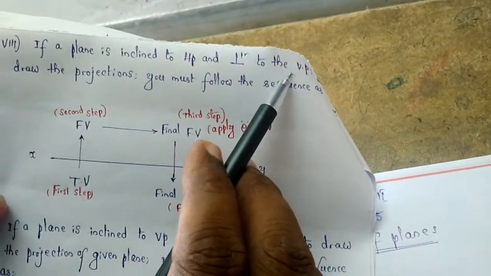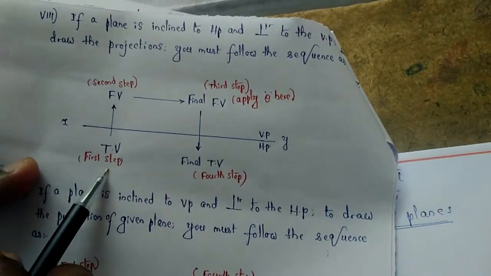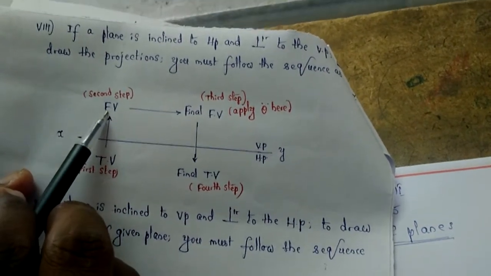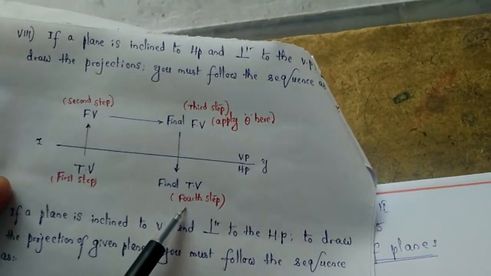Your sequence is: first draw the top view, next go to the front view, next incline the angle theta, next draw the final top view. So for question number 3, first draw the XY line.